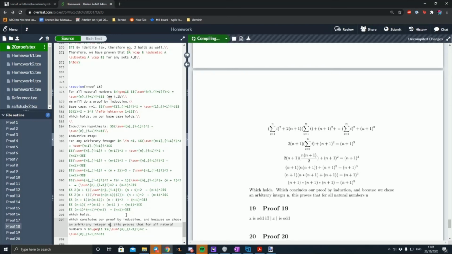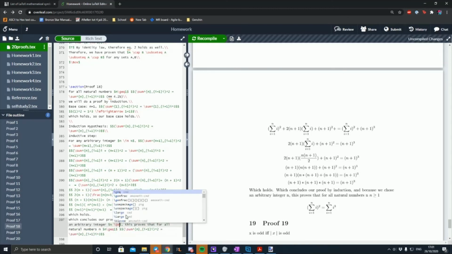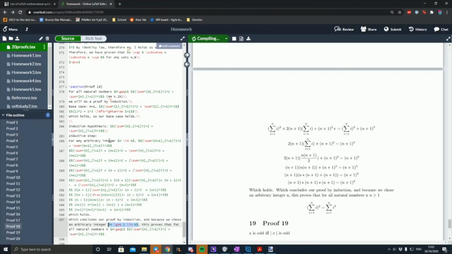Well, I guess I should say for an arbitrary integer n greater or equal to 1 in capital N, because those are the restrictions we have put upon our integer, and the same here then.